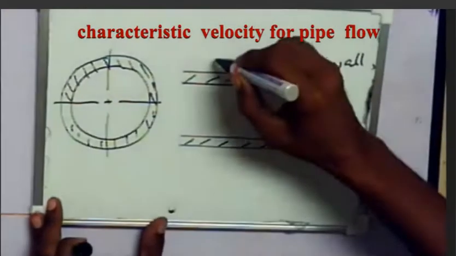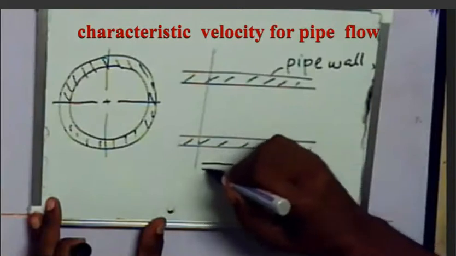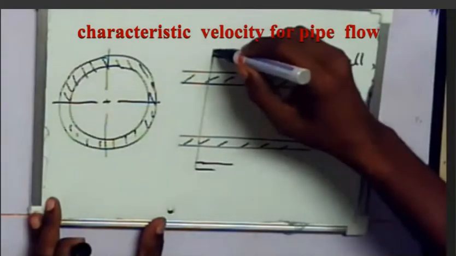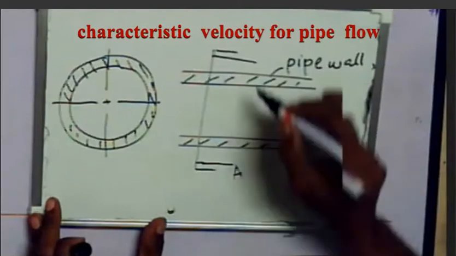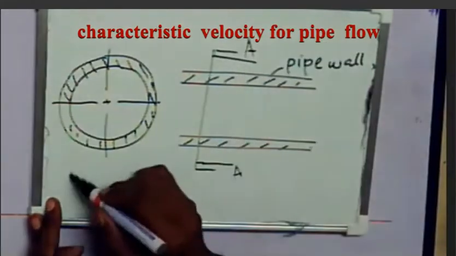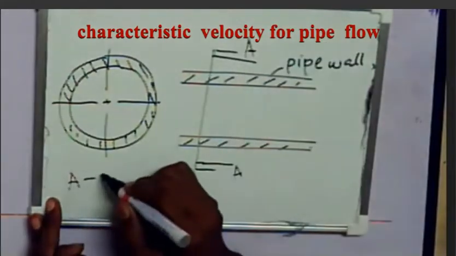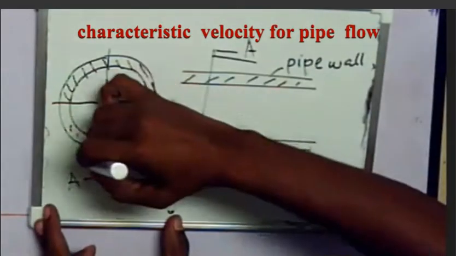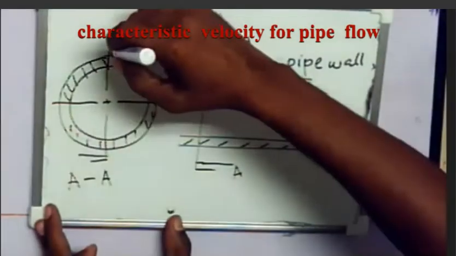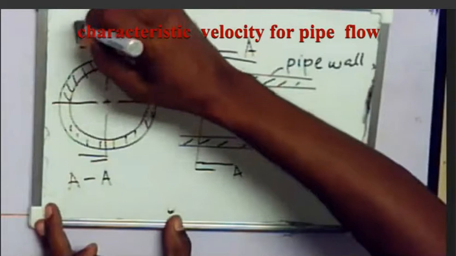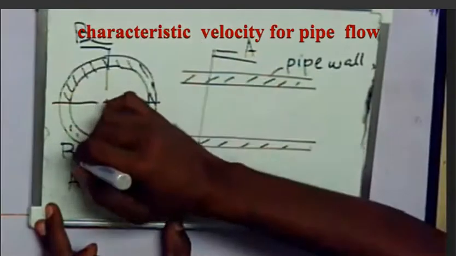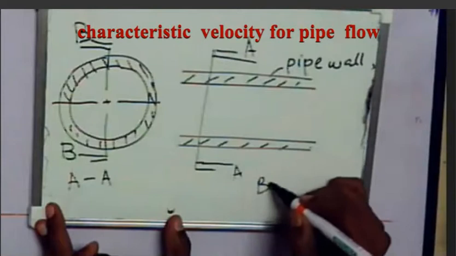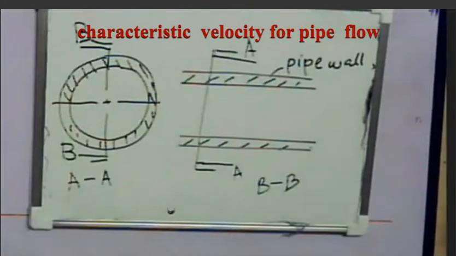Let's say I just cut it here, AA. This one is section A, and let's say this one is section B. So this is what we see. This one is B, right? This is what we view for this case.